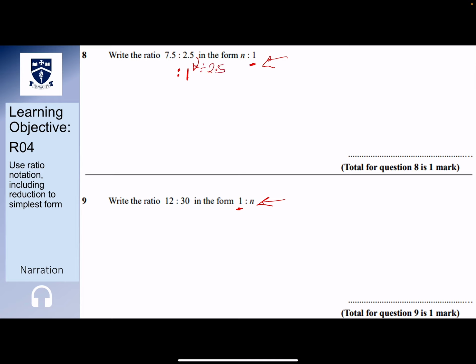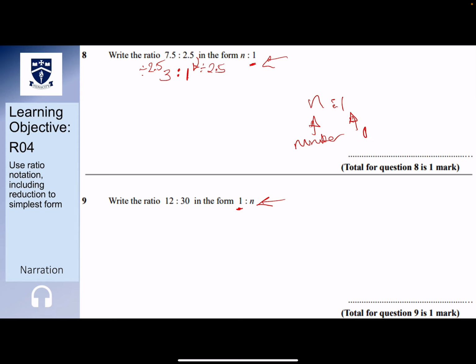So I've divided it by 2.5. Now, if I divided the one side by 2.5, I make sure I divide my other side by 2.5. And that gives me 3 to 1. So when we talk about the ratio of n to 1, one number has to be a number, and this has to be always 1.